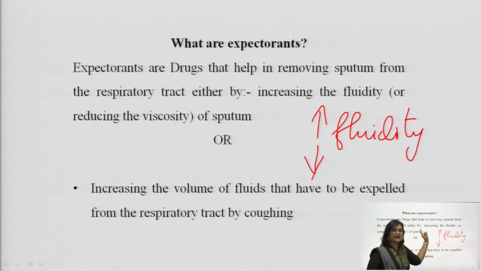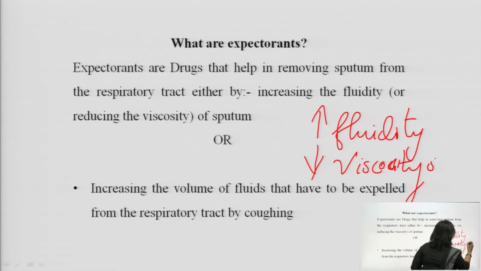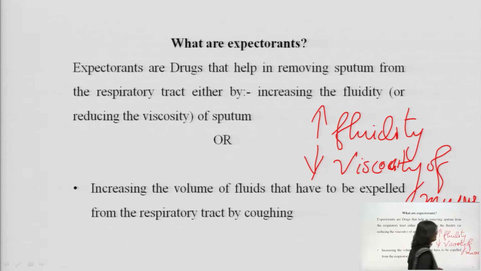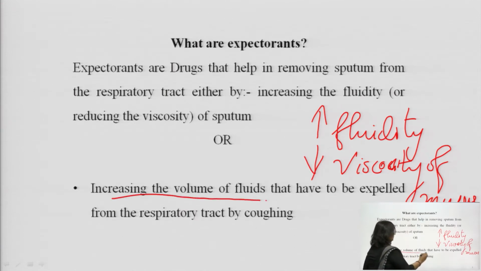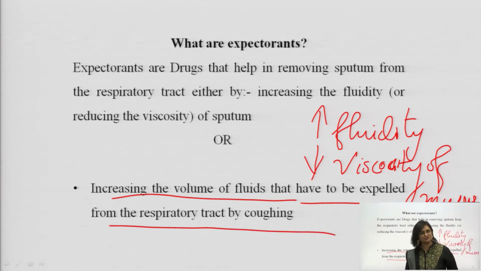increasing fluidity and thereby decreasing viscosity of mucus or the sputum. Otherwise, the second mechanism which comes into picture is increasing the volume of the fluid that has to be expelled from the respiratory tract.